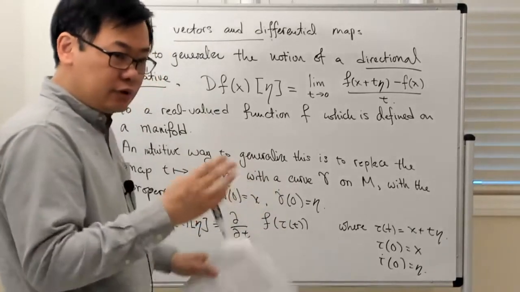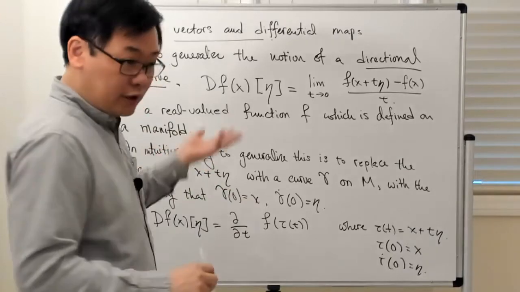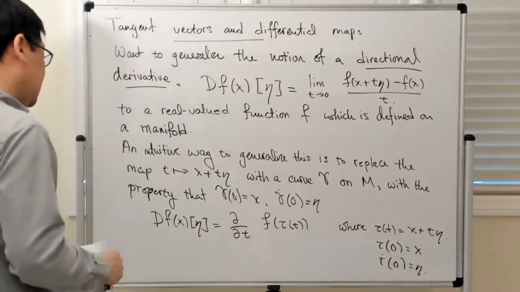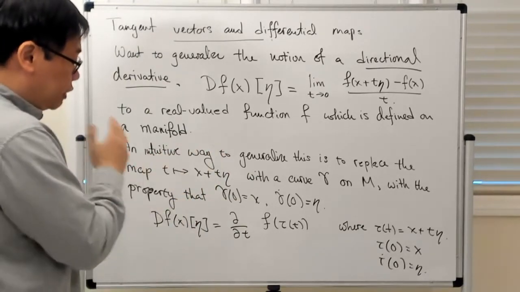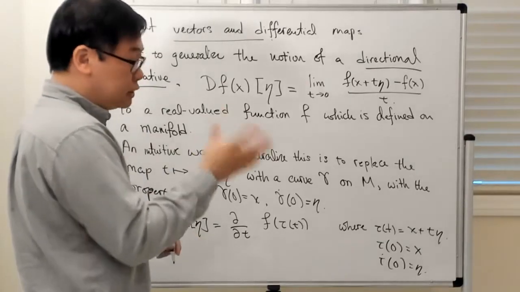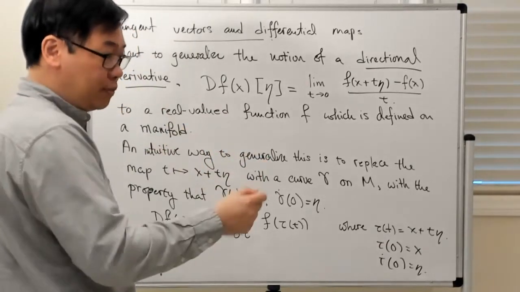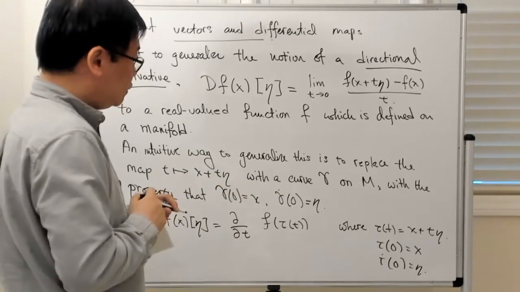Okay, so as we'll see later, this is a nice way of thinking about tangent vectors more generally on manifolds. You identify a tangent vector at a point on a manifold with a curve which goes through that point at the initial time, and whose derivative agrees with that tangent vector.